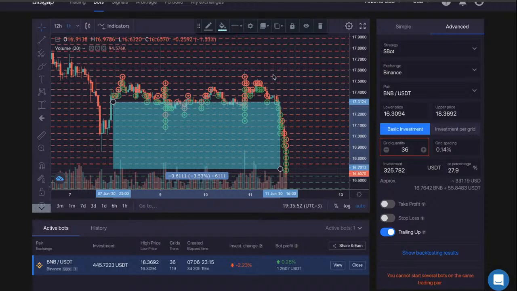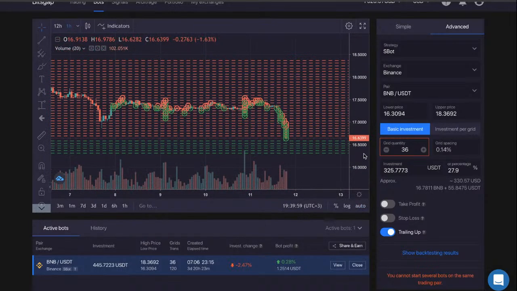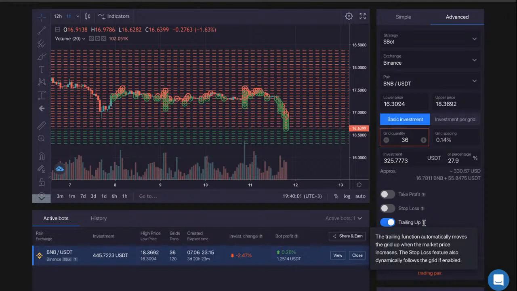So make sure that you have the trading up function on in case you anticipate the market to continue the upside momentum.